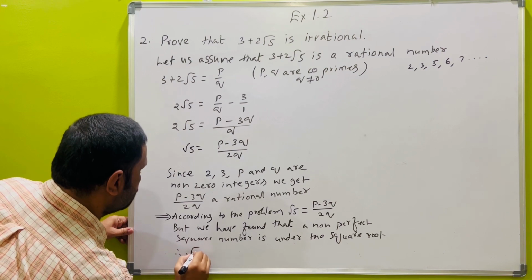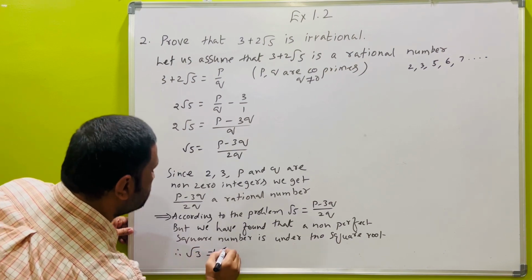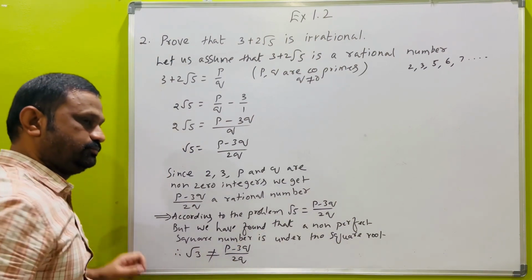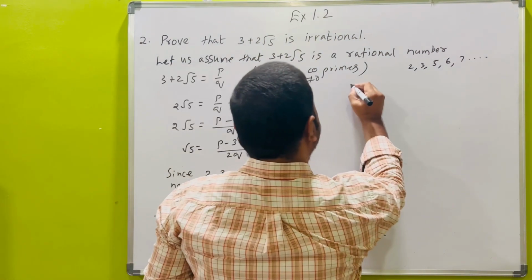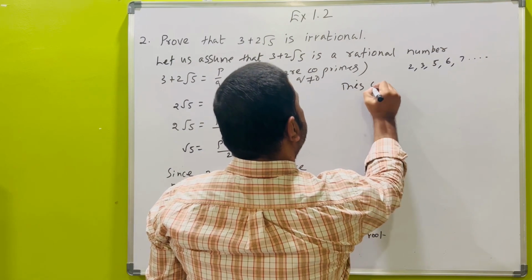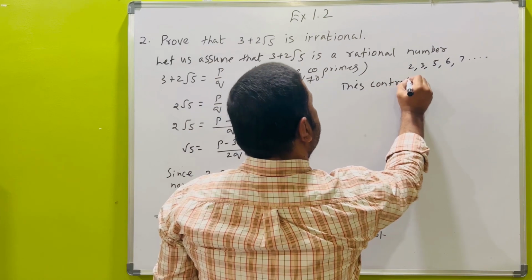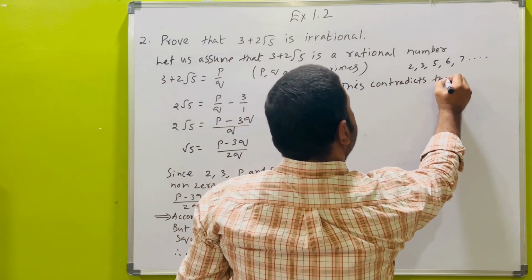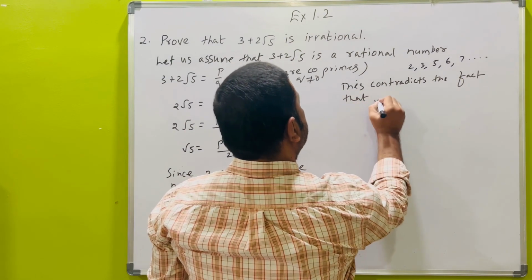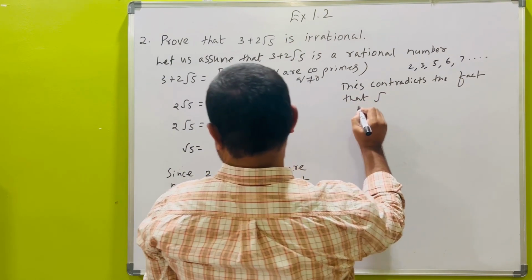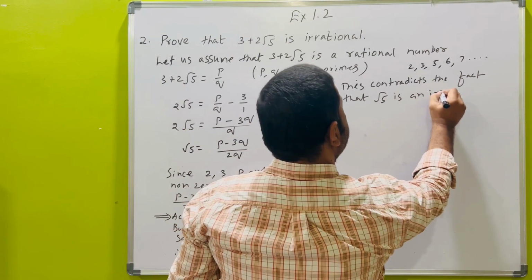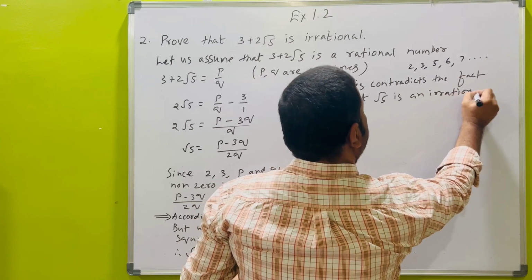Therefore, root 5 not equal to P minus 3Q by 2Q. Okay? This contradicts the fact that root 5 is an irrational number.